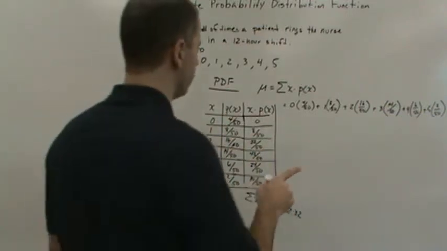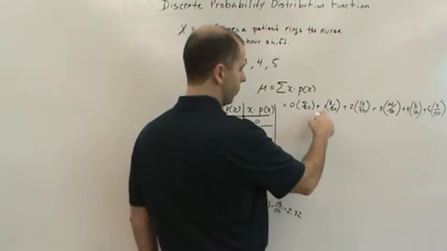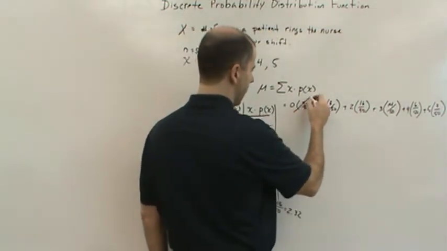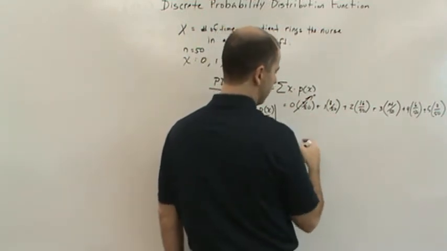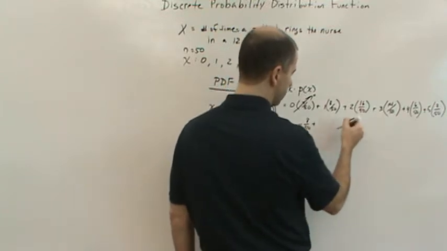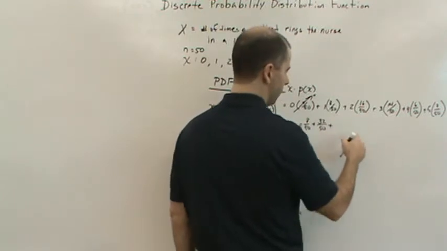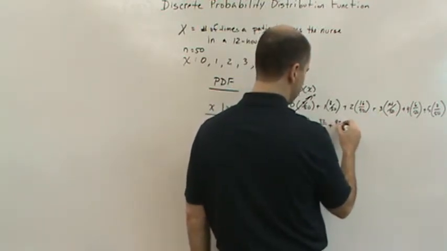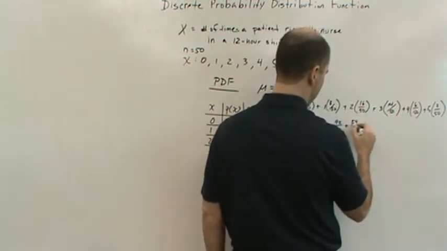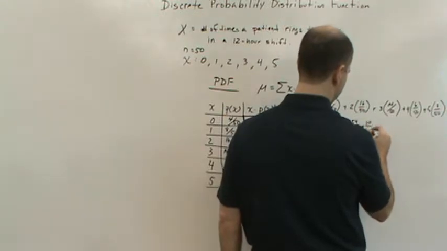So you see on here 0 times this plus 1 times this all the way down. Now 0 times anything is 0, 1 times anything is still that. So this is going to be equal to 8 over 50 plus 2 times 16 is 32 over 50 plus 3 times 14 is 42 over 50 plus 4 times 6 is 24 over 50 plus 5 times 2 is 10 over 50.